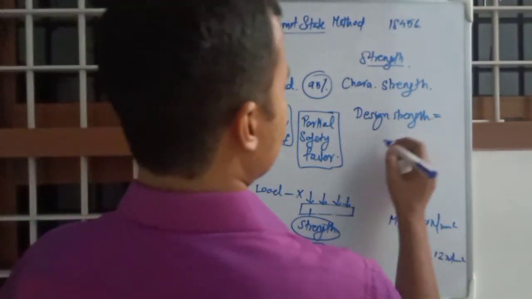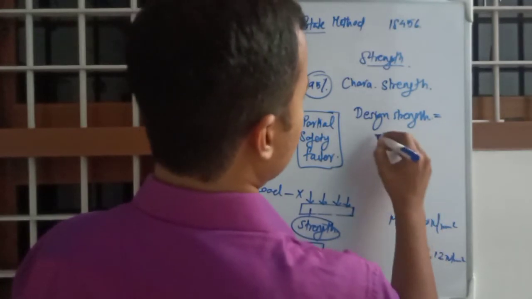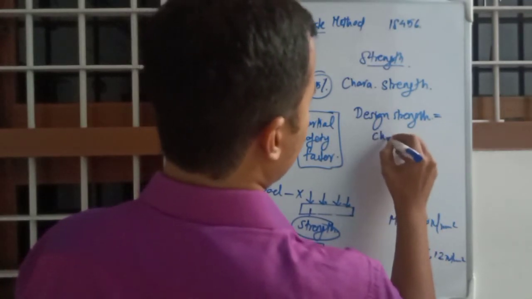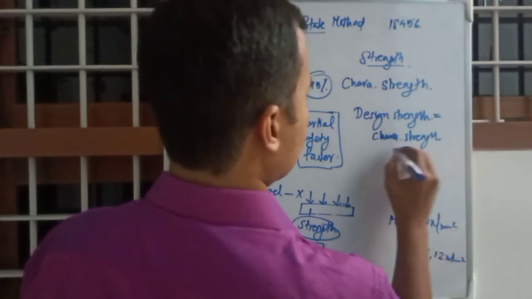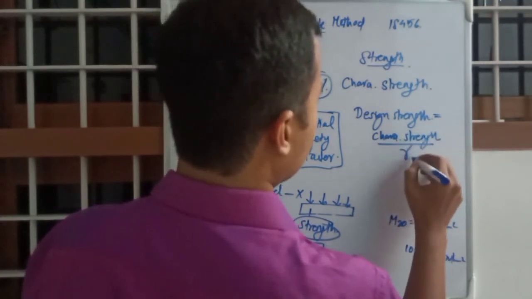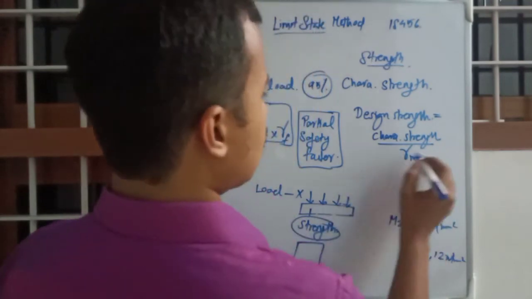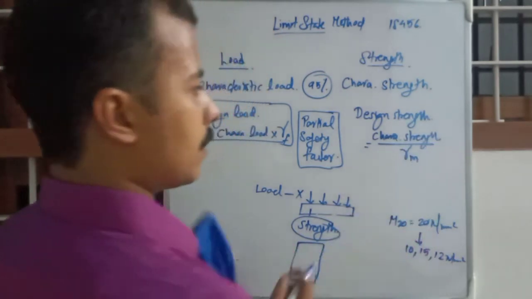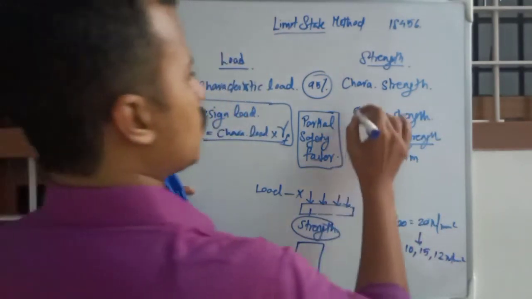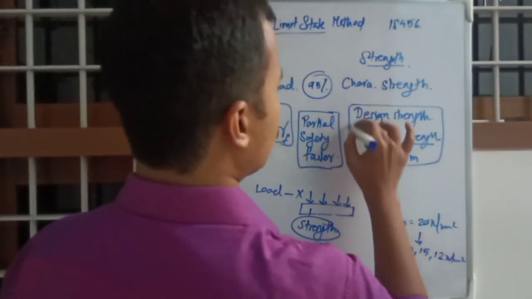So design strength will be characteristic strength divided by gamma m. In this case it is gamma m. This is the theory you should know.